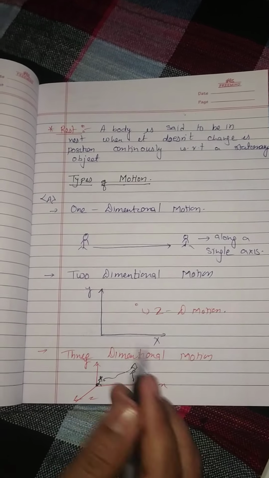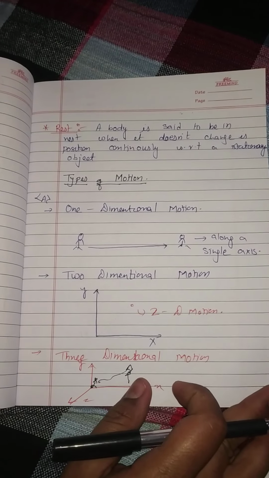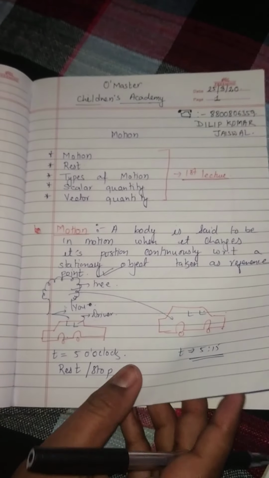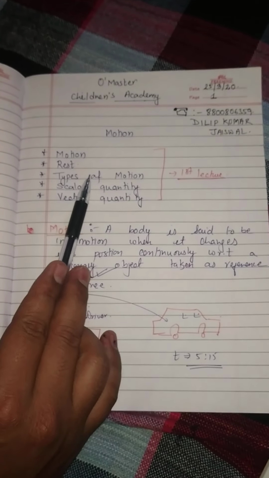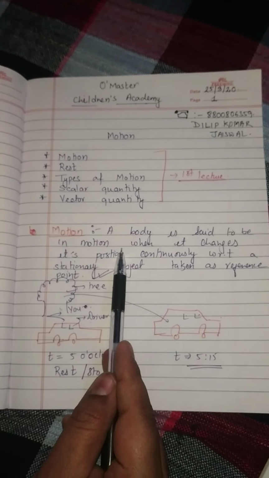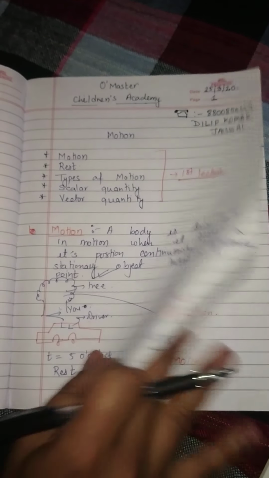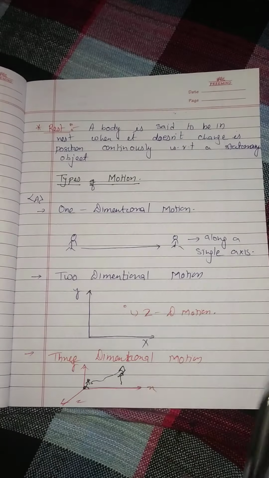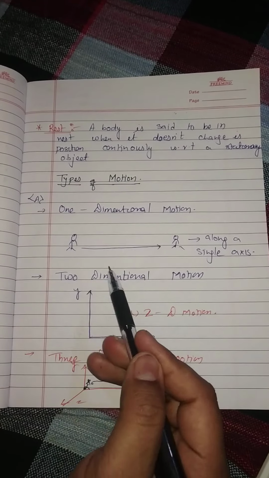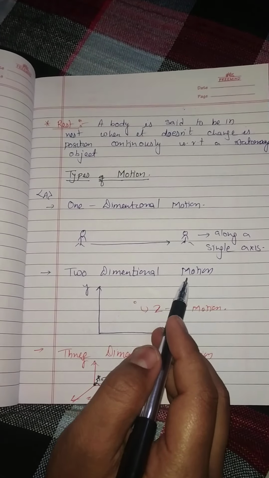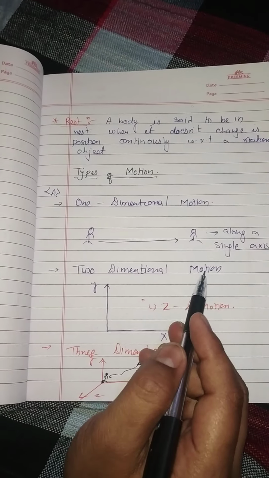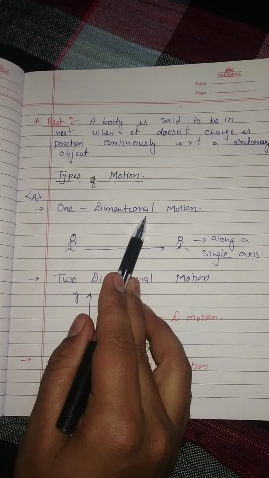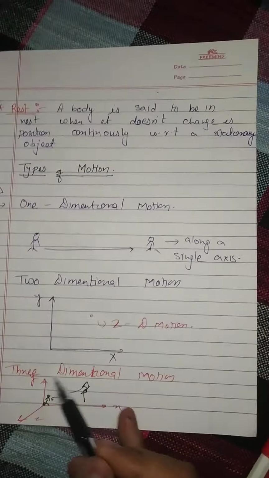This can be taken as a three-dimensional motion. So I hope you are familiar with this motion chapter. This is your definition, this is the rest definition. We are going on to the classification of types of motion. First, I gave an example of one-dimensional, two-dimensional and three-dimensional motion. Let's see the next type of classification.